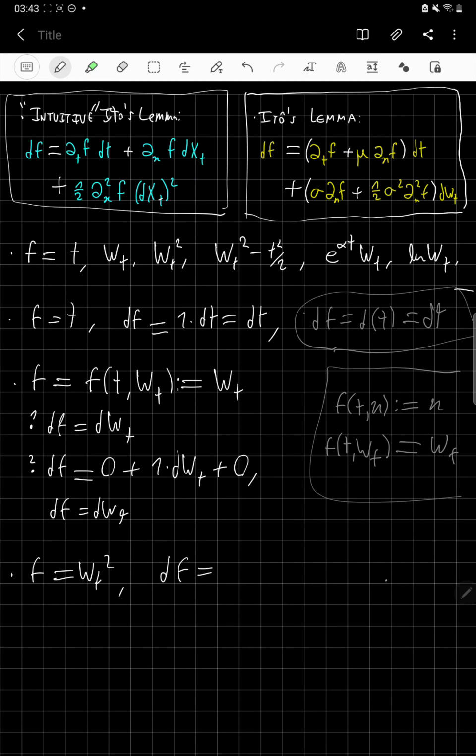But let's not write it like this. Here f(t, x) is going to be equal to x squared. So it's going to be 0 plus the space derivative, or x derivative, which we can even write like this and then substitute later on, plus 1/2 times 2 dx squared.